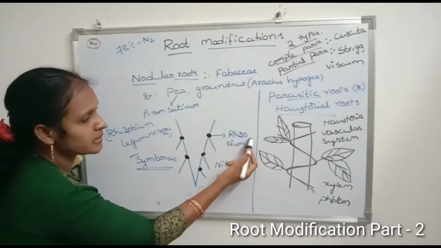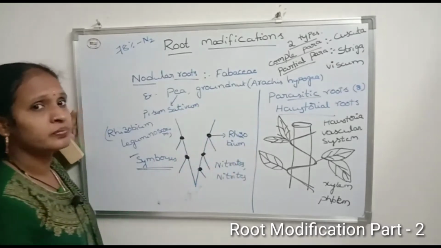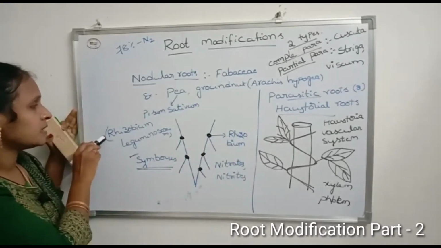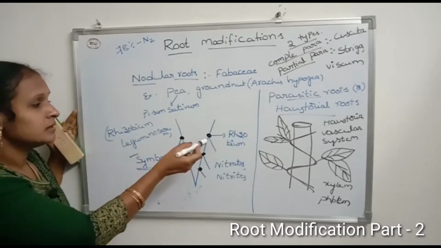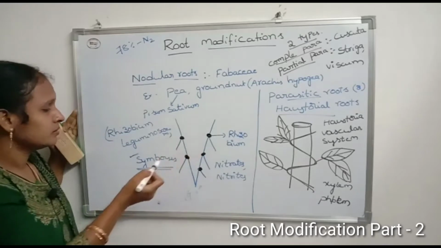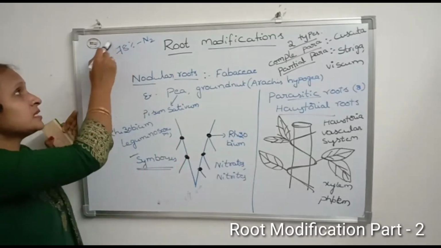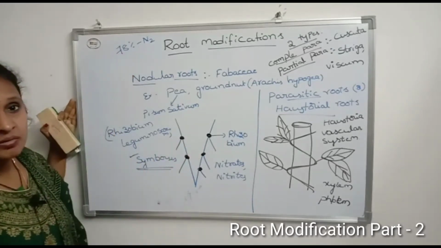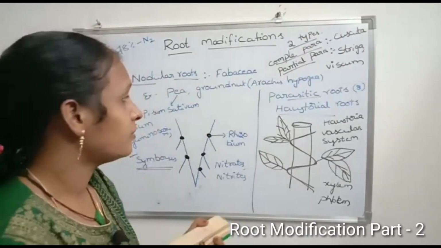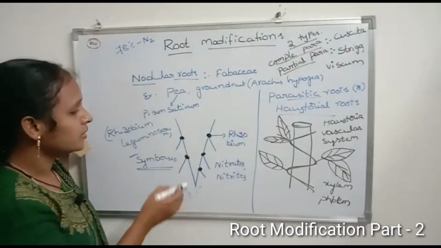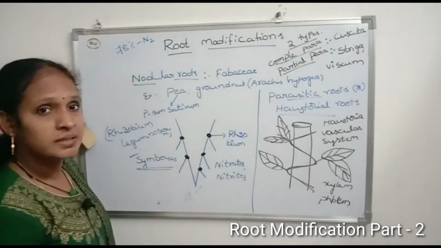In these nodules, there is the bacterium Rhizobium, whose scientific name is Rhizobium leguminosarum. Our atmosphere has 78% nitrogen. Plants require nitrogen for their growth and development, but they cannot utilize atmospheric nitrogen directly.